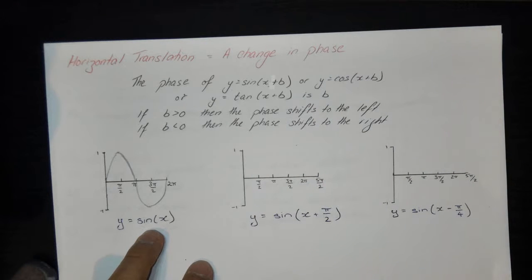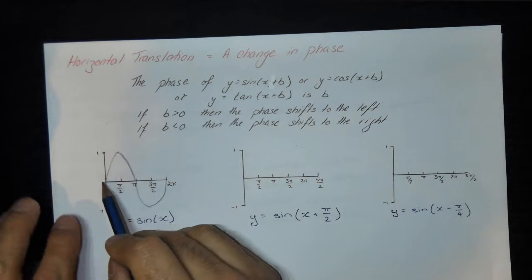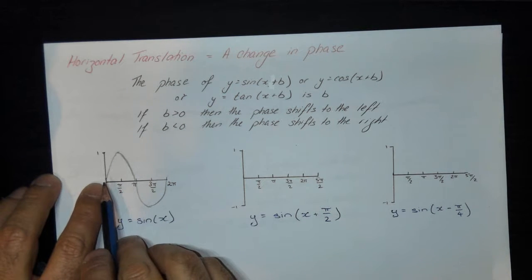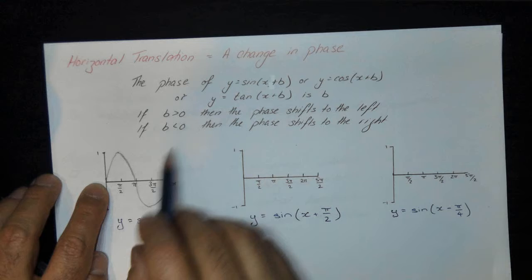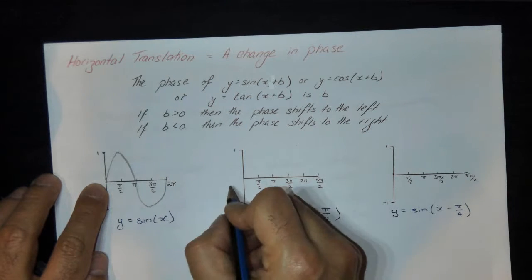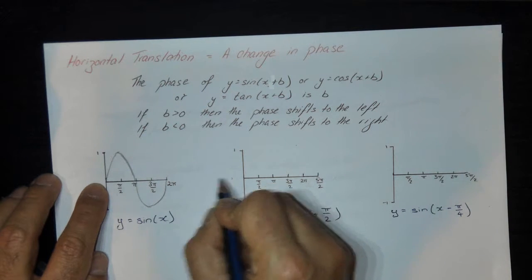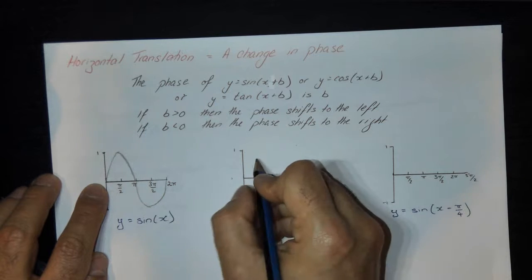Okay, so what's going to happen is this point is going to move pi on 2 to the left. Okay, because it's greater than 0, it's going to go to the left. This point's going to go pi on 2 to the left.